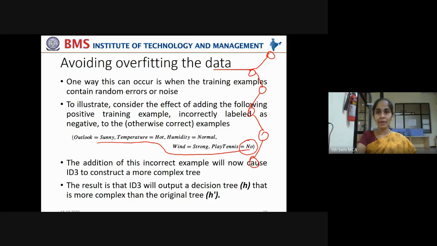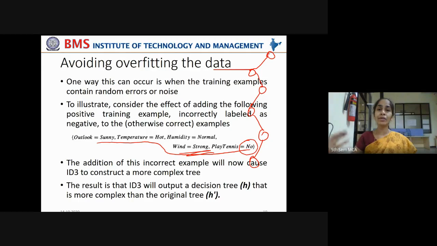Now what will happen? Your decision tree will further be extended. Actually, your decision tree for these 14 training examples has two levels. But in order to accommodate this noisy data point, it will extend the decision tree further to 3 levels or sometimes 4 levels. What is happening here?